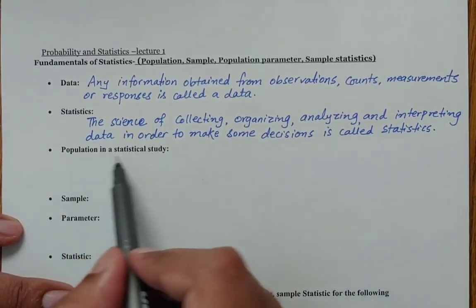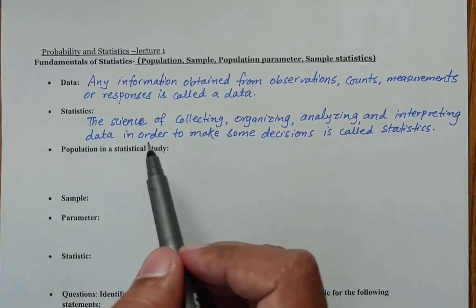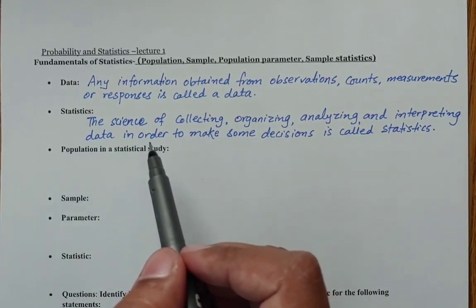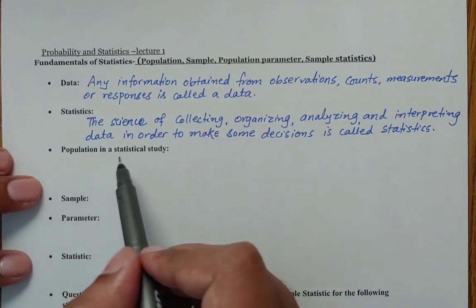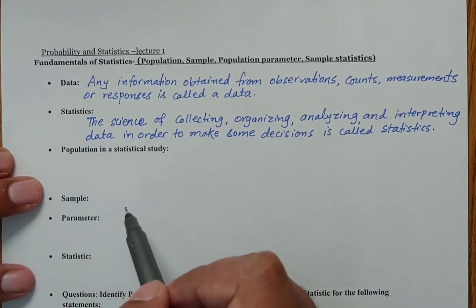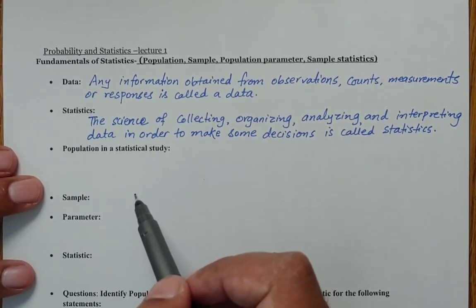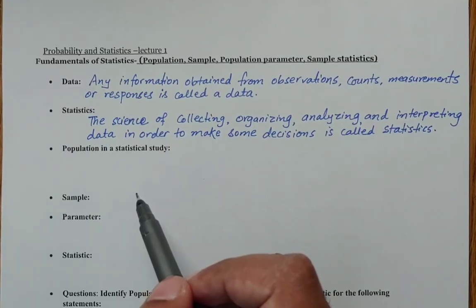Okay, population is the whole thing in the data. What is the subject of study? The whole thing related to the subject is called the population. For example, if we do research on Lane College students' grades, then all students from Lane College are the population, because we are interested in all students from Lane College, right?